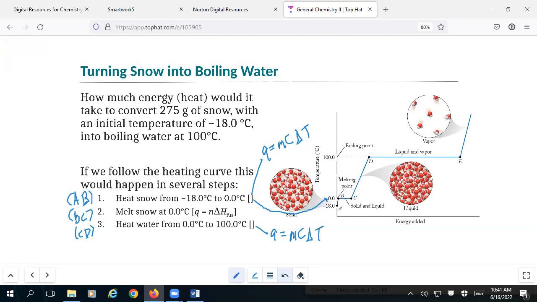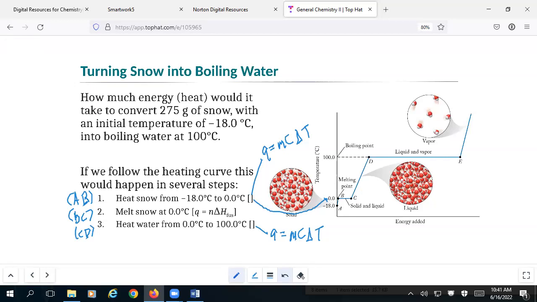And so to do that calculation, we would need to know the mass, which we know, the specific heat, which we could look up, and the change in temperature.